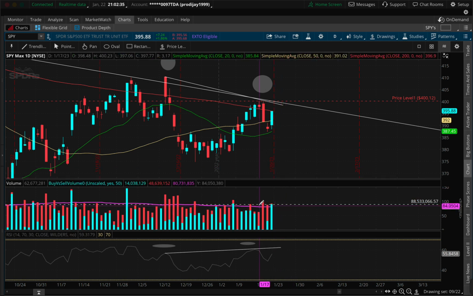It's way more than average, which my average is this pink line that you see right here. So we had more buying volume than average these past few days, all the way until the 6th of January, which was the only time that we had this much buying volume. And so that's just something I'm looking for.